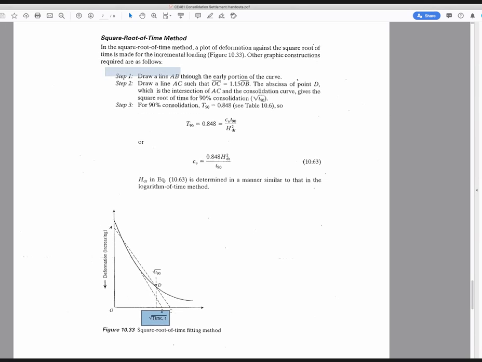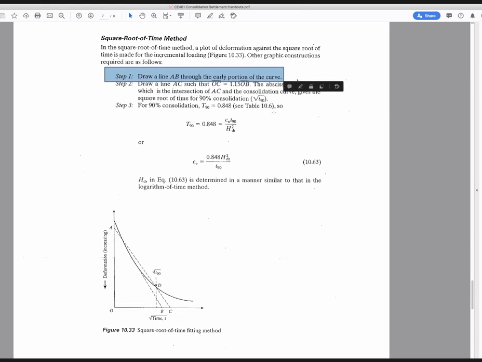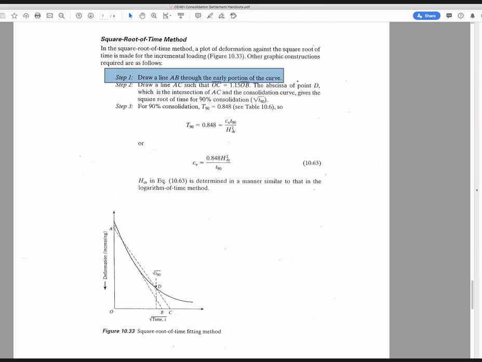First up, you draw line AB through the early portion of the curve. That's pretty loose guidance, but you see what is done here.